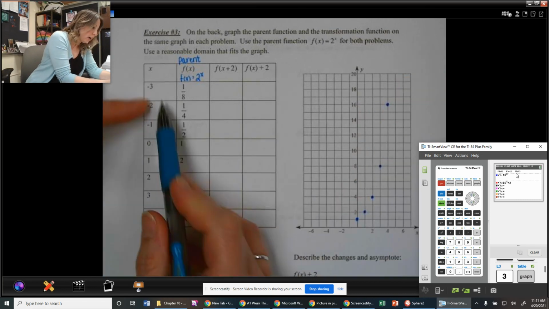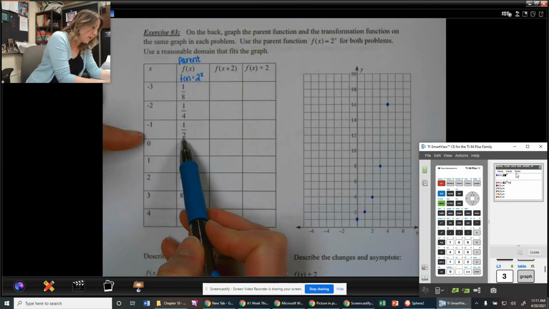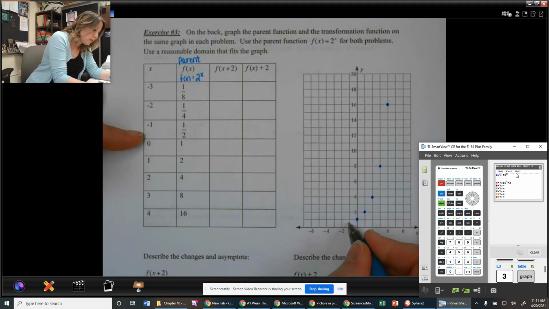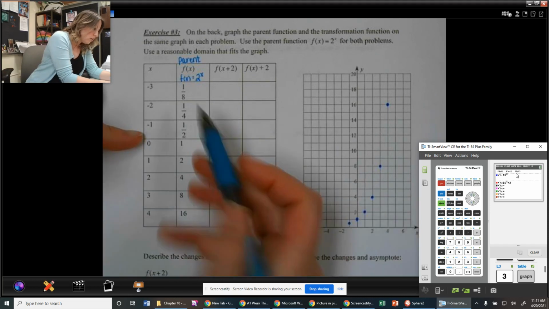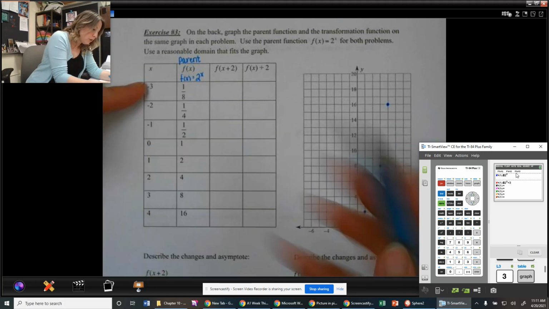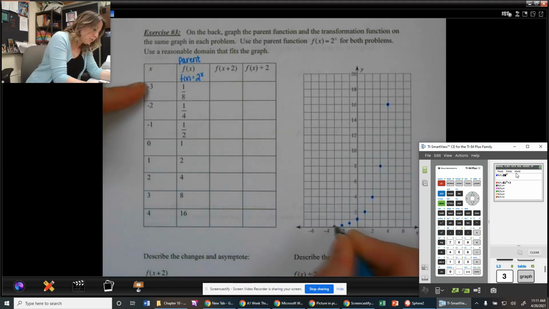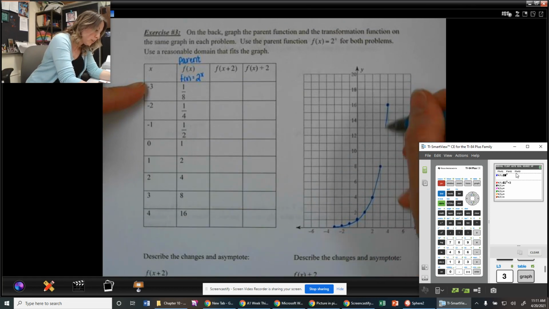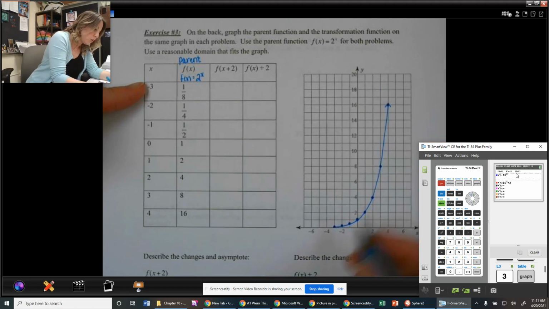Now I can go backwards with these fractional points, right? So (negative 1, 1/2), (negative 2, 1/4), and (negative 3, 1/8). And we have done this so many times, I'm moving quickly because we have graphed this exact function so many times in these notes and then in the homework. Now, again, I put my arrows right at the end.